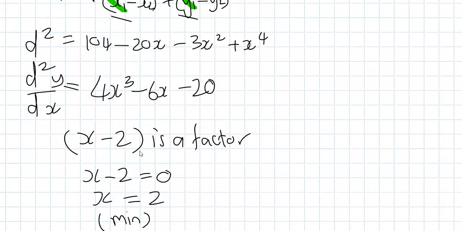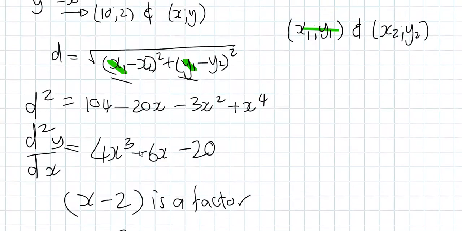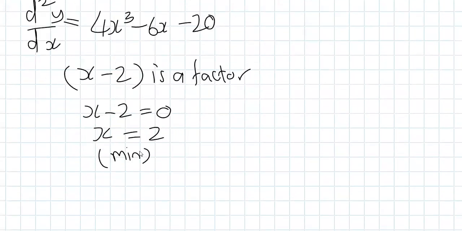Okay. So what do we need to do? We have our x value that will give us our minimum distance. So we need to go back to our distance formula, which was this d squared equation. And remember, it's d squared, we actually just want distance, but let's start with subbing in the x value there.